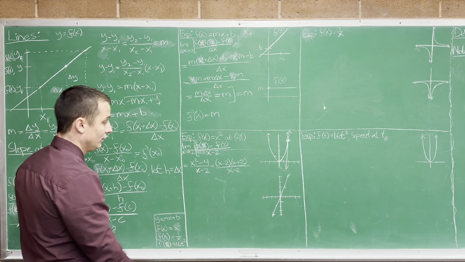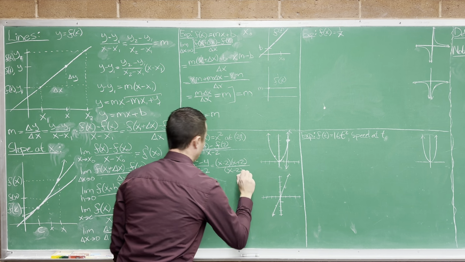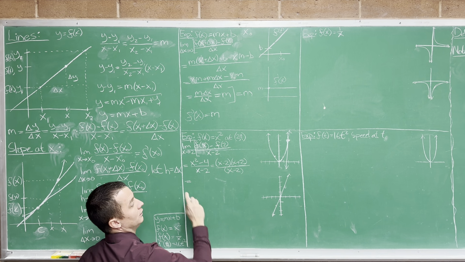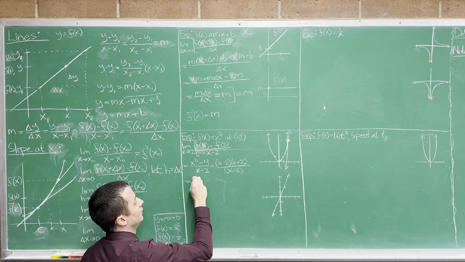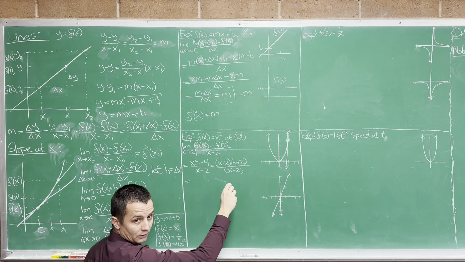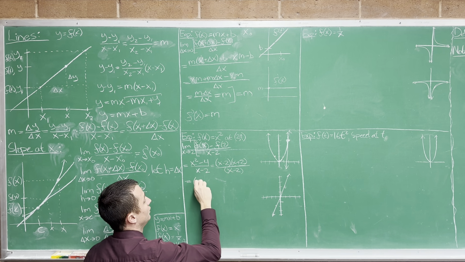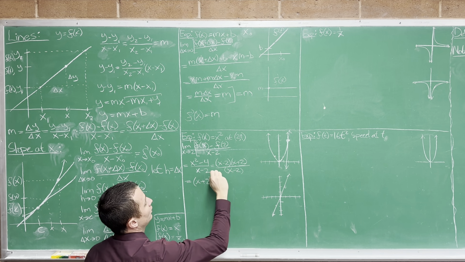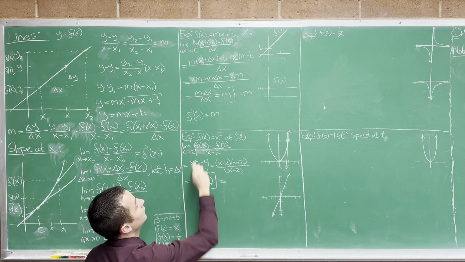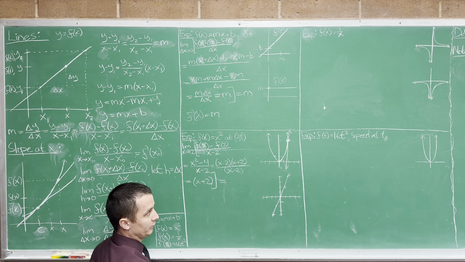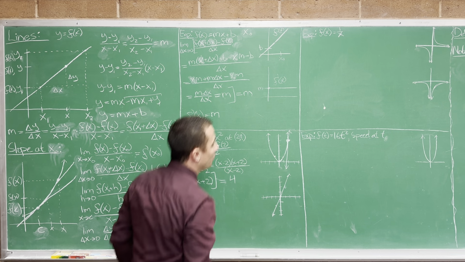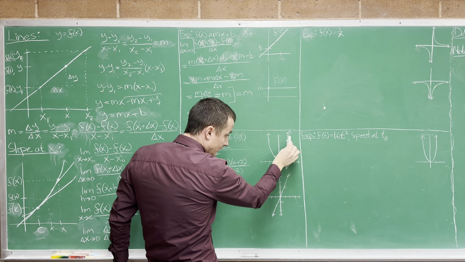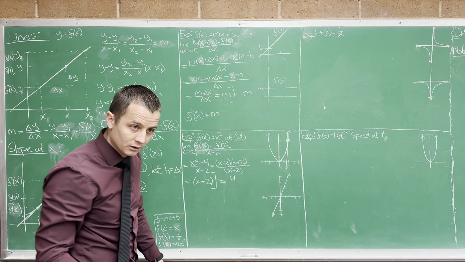And now what do you see? They cancel out. X minus 2 cancels top and bottom, leaving us with x plus 2. Now take the limit as x approaches 2 of x plus 2, and what do we get? 4. So the slope at 2 is 4.